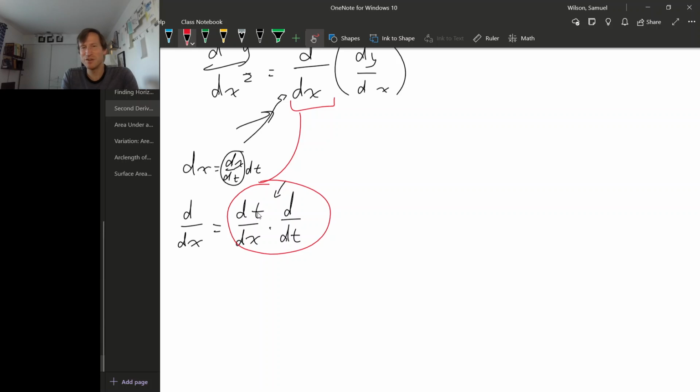Of course, for the derivative of t with respect to x, we'd have to know t is a function of x, which we'd probably rather not have to do, because often x as a function of t is not an invertible function. But the inverse function theorem for derivatives says that dt dx is the same thing as 1 over dx dt.